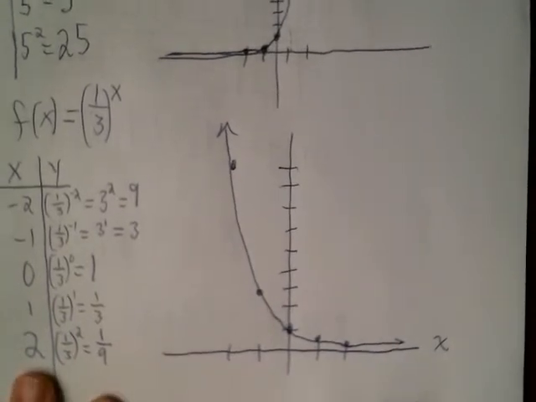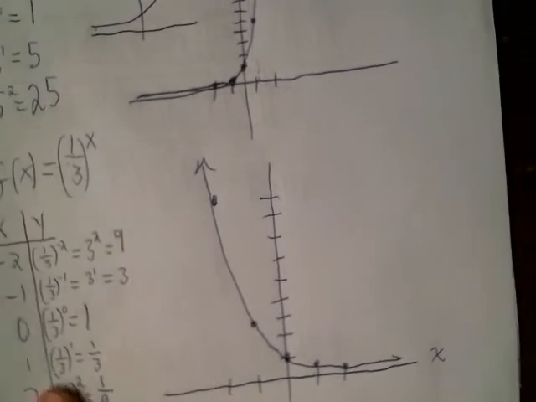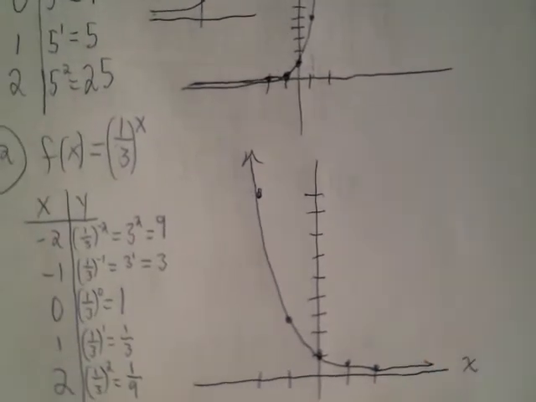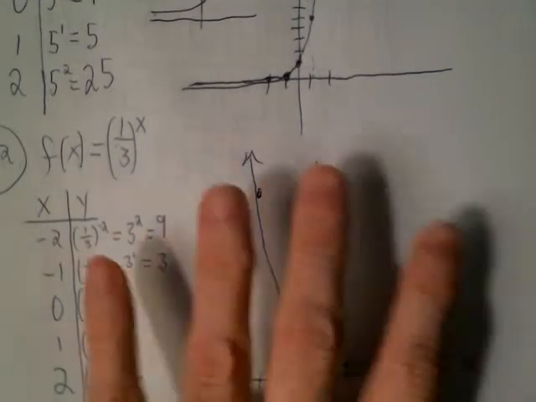We call that phenomenon, when it gets really, really close to something but doesn't touch it, an asymptote. Usually we're talking about vertical asymptotes that go up and down, when you get closer and closer and don't touch. But this is a horizontal asymptote. We'll discuss that in this next section because we're going to talk about all the characteristics of these things.